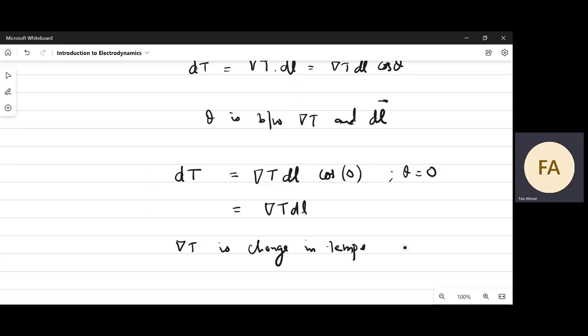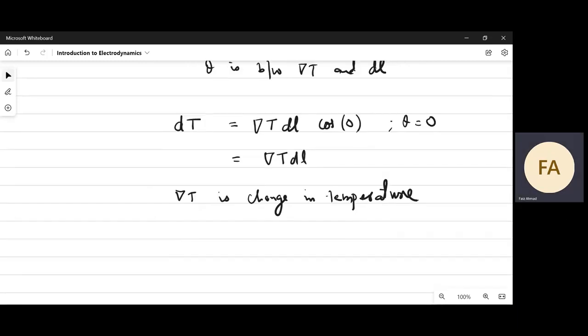And it will be maximum when we move as per dT, sorry, dT is the change in temperature.